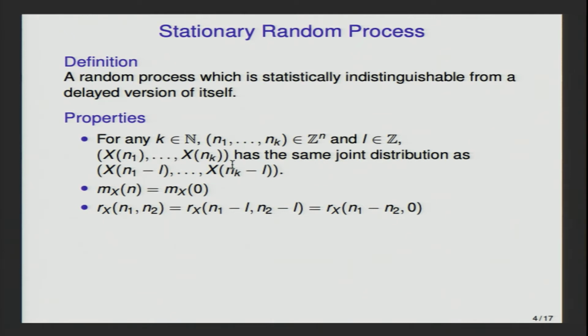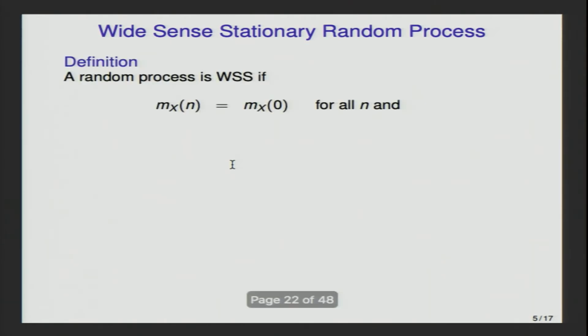There is a slight relaxation of this condition, which is more useful in practice. We denote it using what is called the wide-sense stationary random process. What are wide-sense stationary random processes? They are a subset of stationary processes. Only thing is we are not talking about the joint distribution; instead we only look at first and second order statistics.